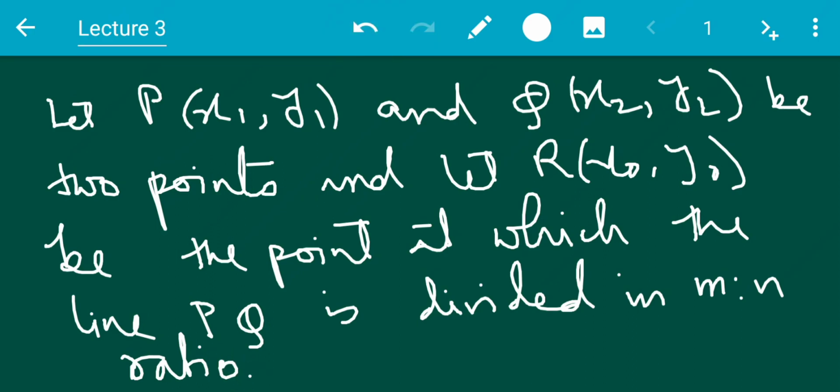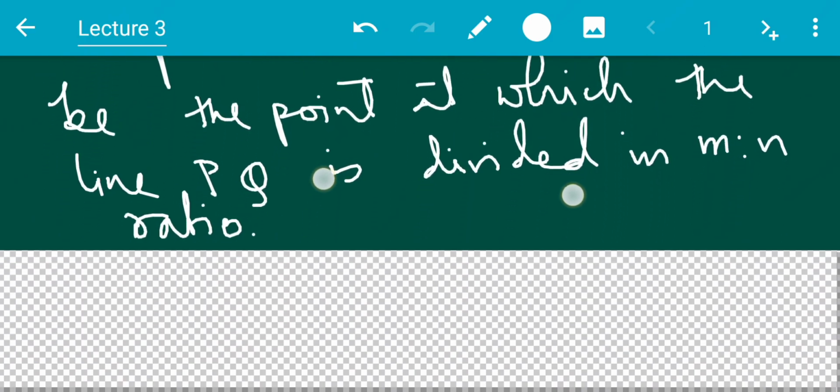So P and Q are 2 points, and R is a point which divides the line PQ in m:n ratio.